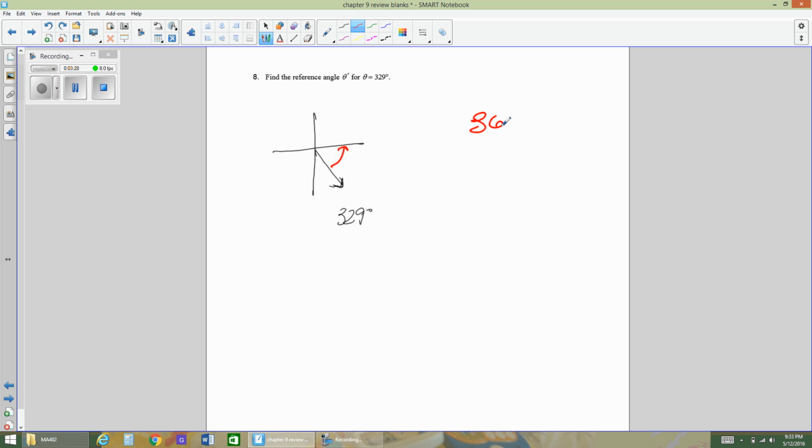Well, that's just some quick, simple math. You can do it in your head. You can plug it in your calculator. Whatever you want. I got 31 degrees. It's not negative because reference angles are always positive. So even though it's down there, it's positive.